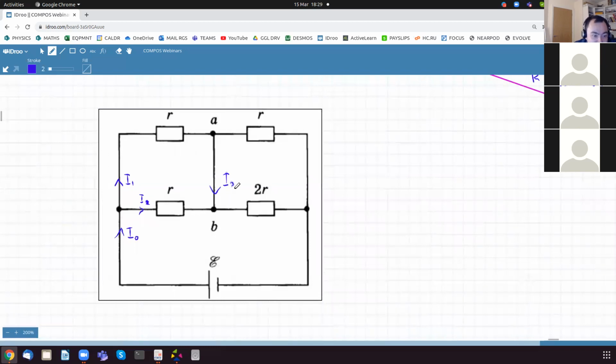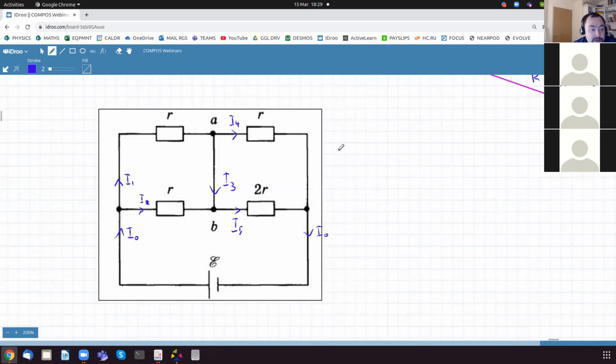If I get a negative answer, that means my guess was wrong. So I3, and now here I go, this is going to be I4, I5, and finally, this is I0 again.